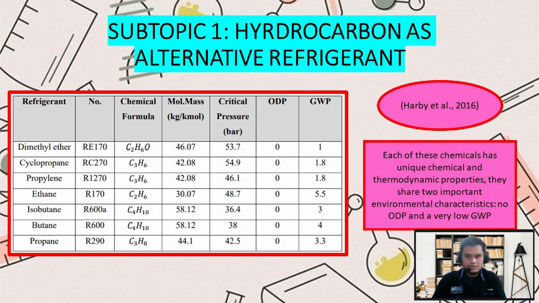They share two important environmental characteristics: no ODP and very low GWP. The hydrocarbon refrigerants such as dimethyl ether, cyclopropane, propylene, ethane, isobutane, butane and propane all have zero ODP and low GWP.